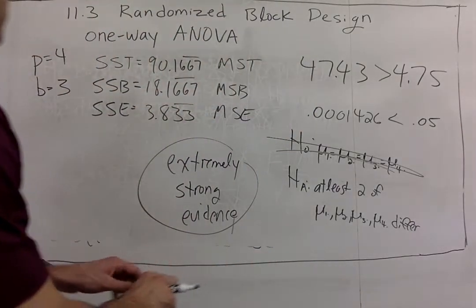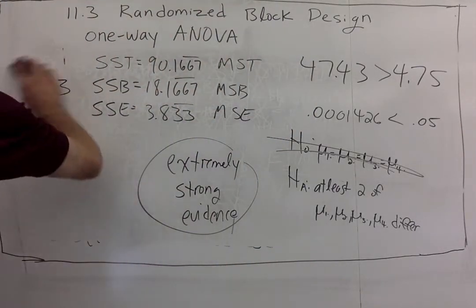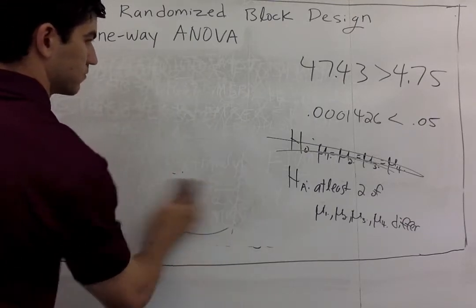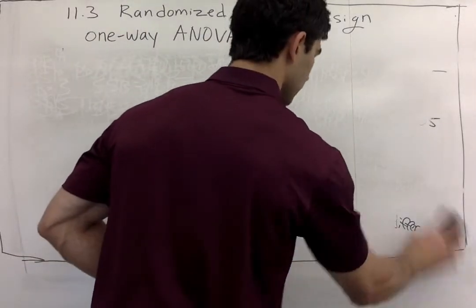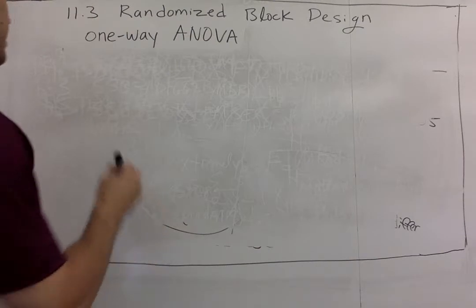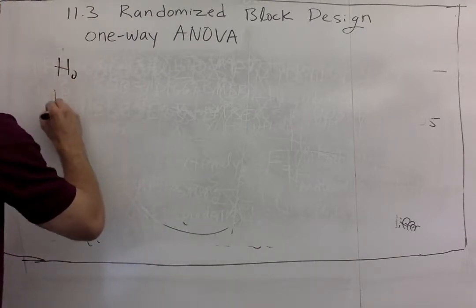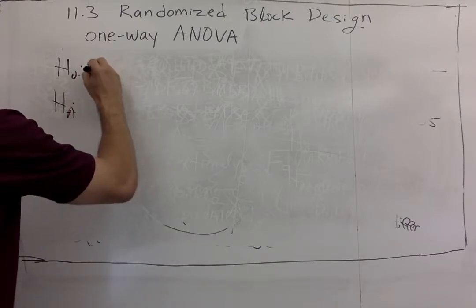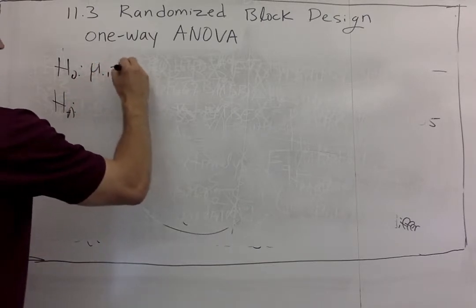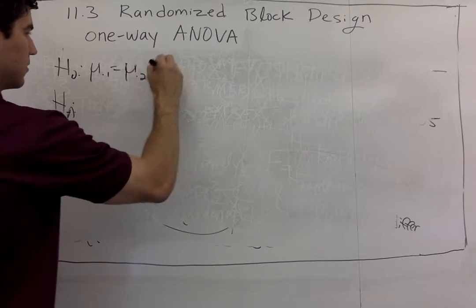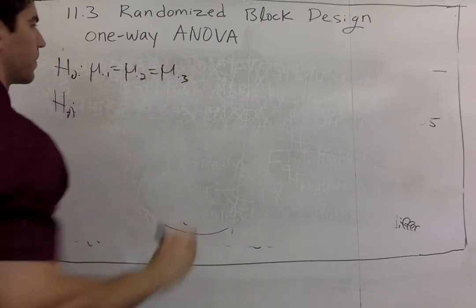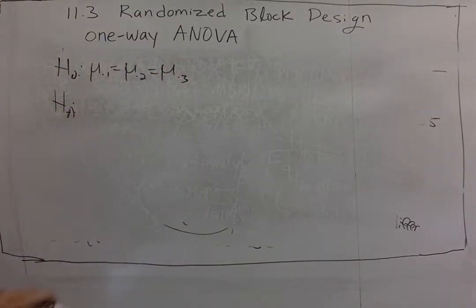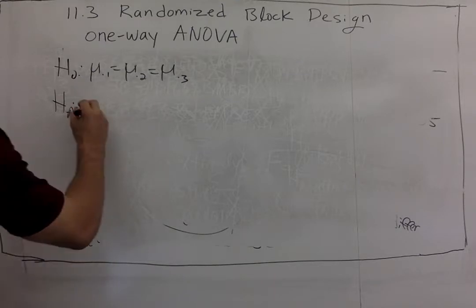Okay, so I'm going to erase some things. Remember, there's two questions that can be asked, though, now. Because of the ANOVA table, I can also test the blocks, whether they differ or not, in terms of their effect on the response variable.